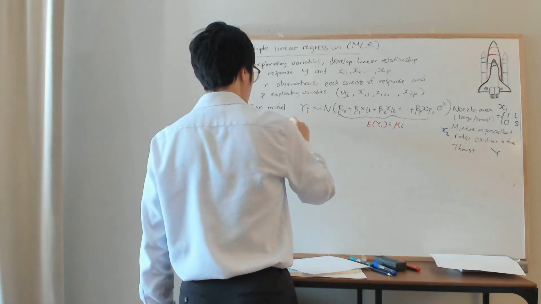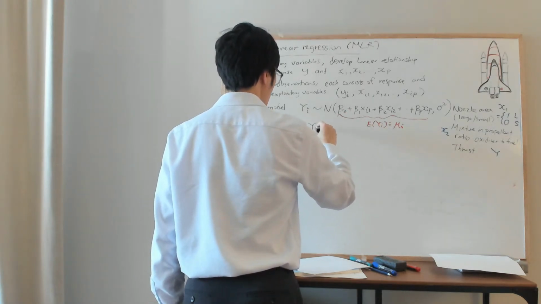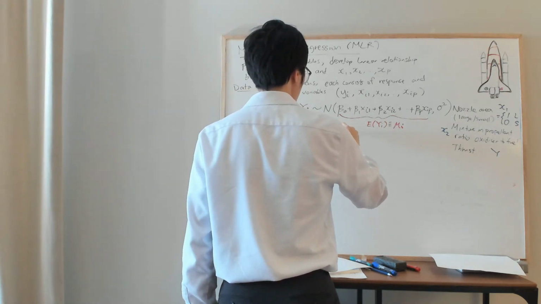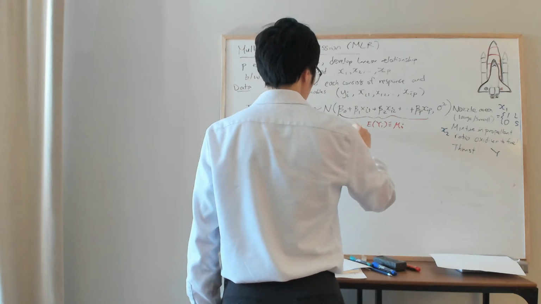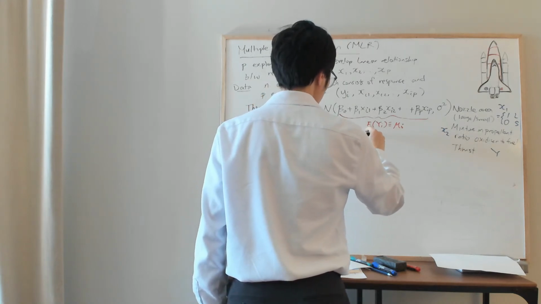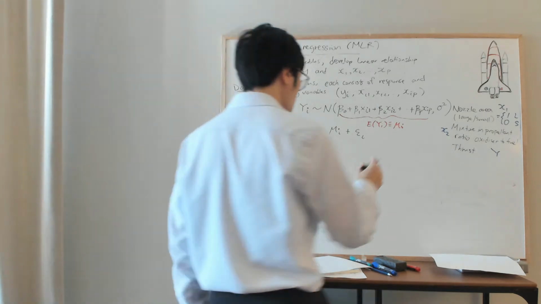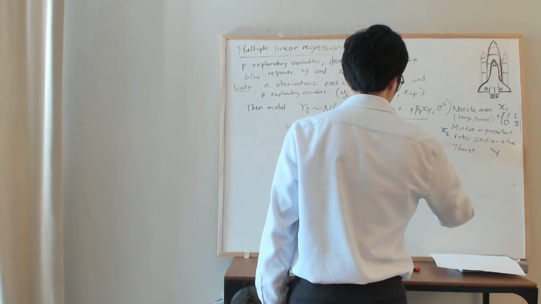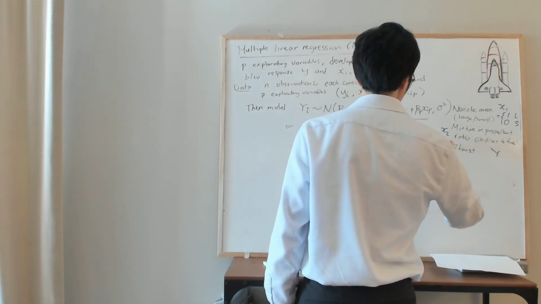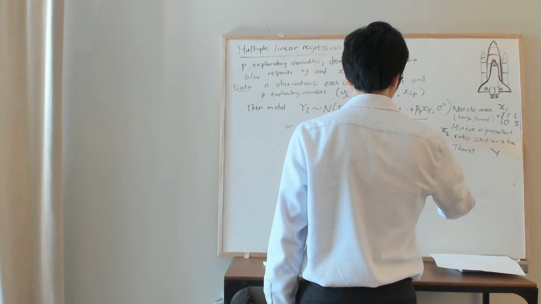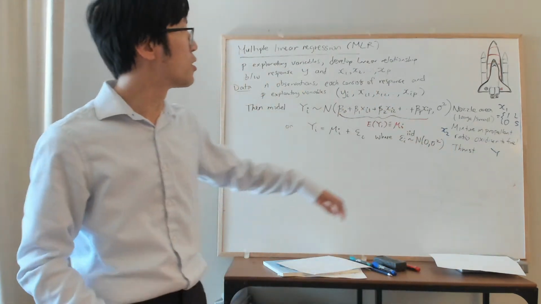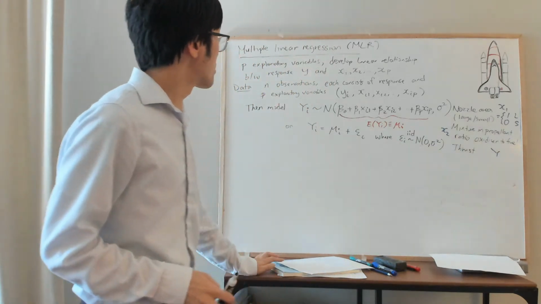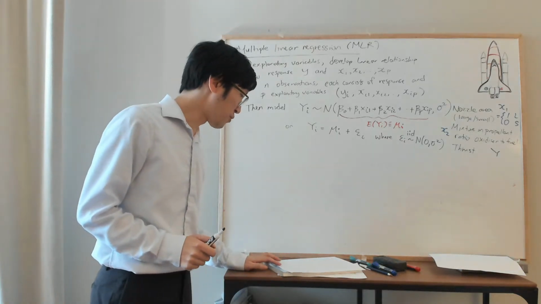Alternatively, we can write this as yi equals this mean part, mu i, as defined here, plus the epsilons that we're familiar with, where epsilon i is normal 0 sigma squared, and they're all independent and have the same distribution, so IID.